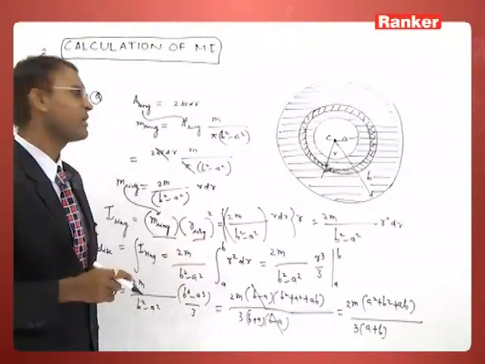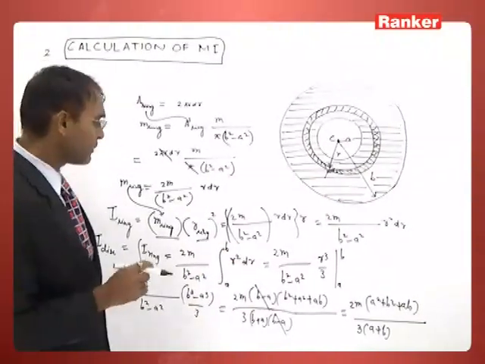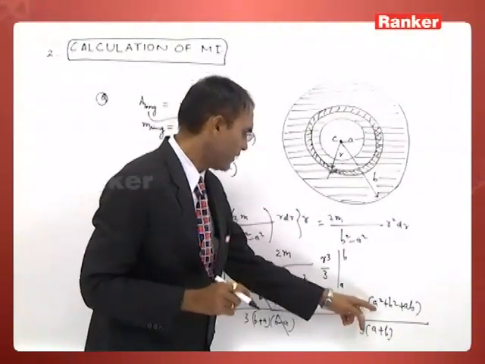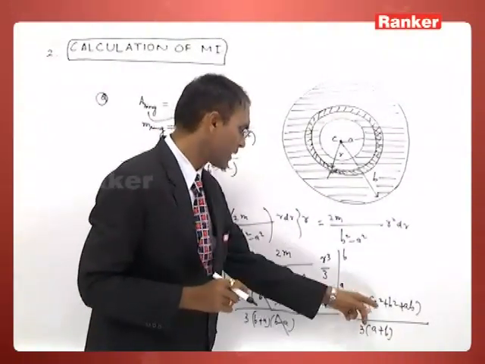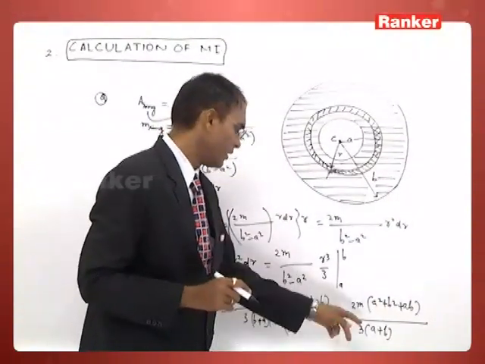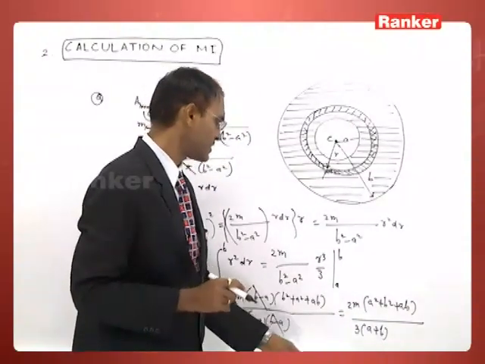Well, we are getting this result, but at the end of the derivation, when you get the result, whether this is correct or not, we can check it in many ways. One of the ways is dimensional analysis. In the numerator, we are getting the square of the distance into mass. In the denominator, we are getting the distance.